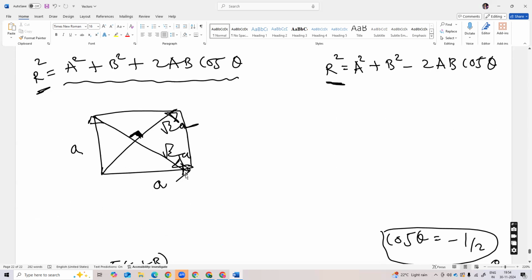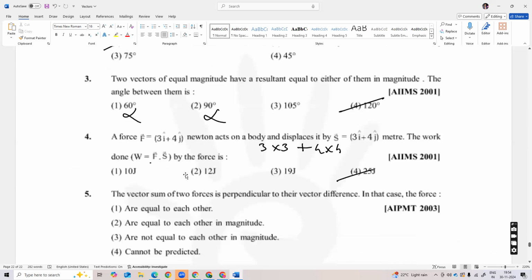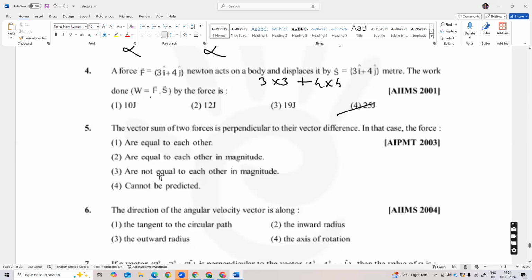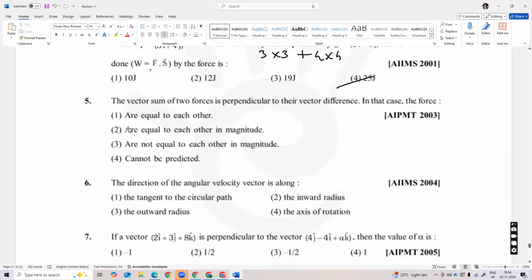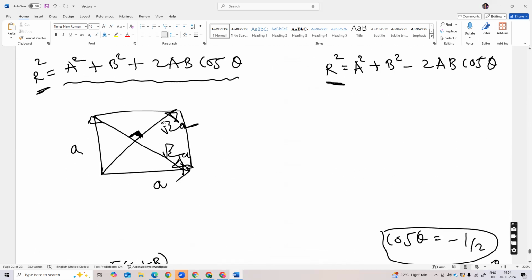Because in a square the diagonals are perpendicular to each other. So I think the answer should be, this is the special case for the square, where since both sides are equal, the vector sum, which is the resultant, and the vector difference are both perpendicular to each other.